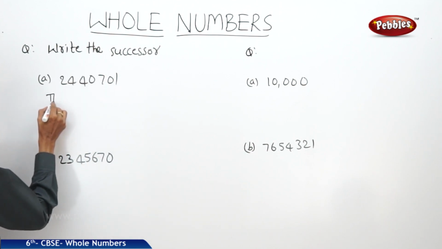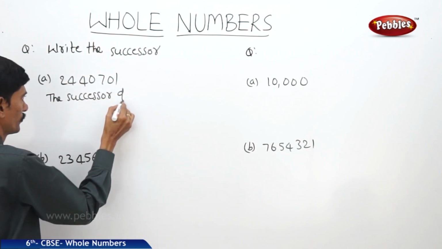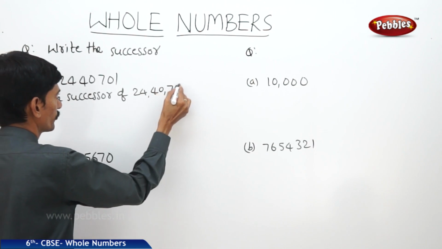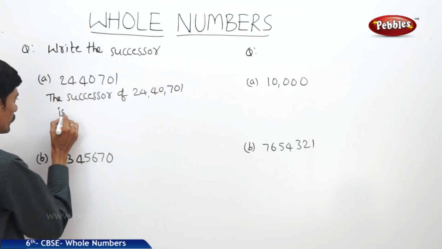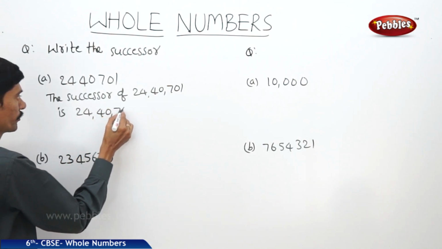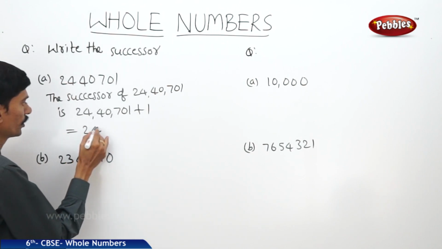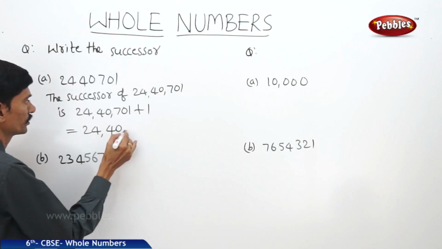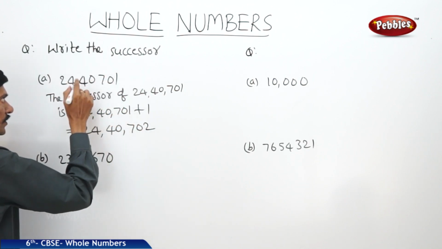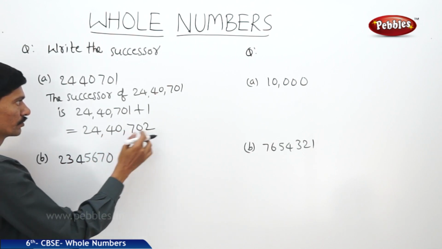The successor of 24,40,701 is 24,40,701 plus 1. So that equals 24,40,702. It means the next natural number after the given natural number is 24,40,702.